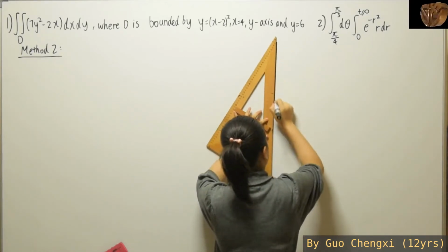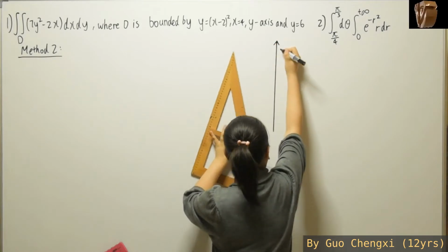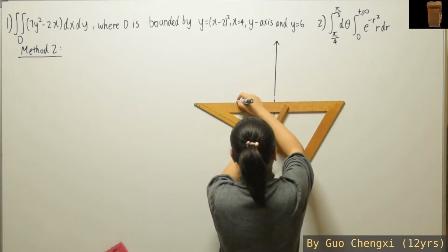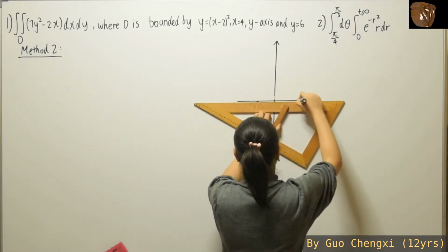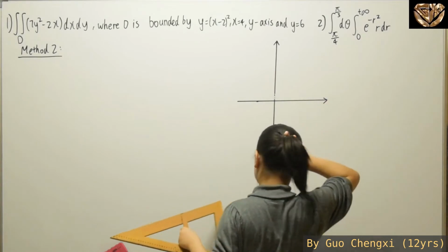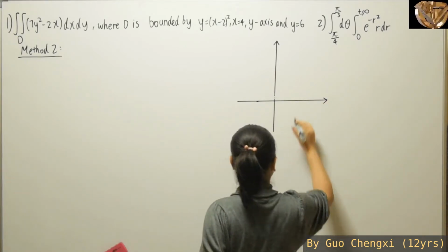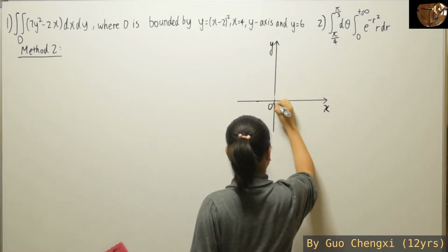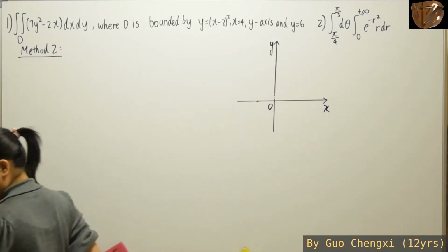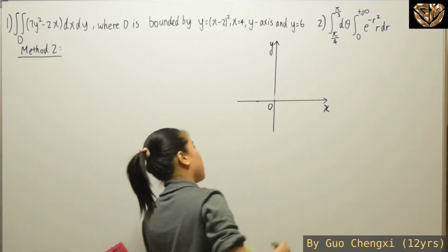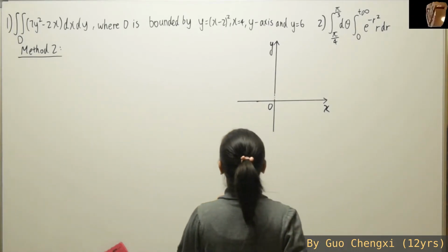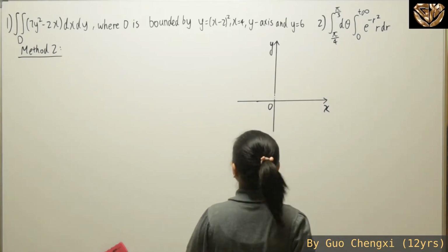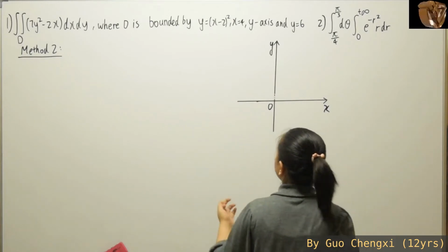First we have y equals (x minus 2) squared, which means that if x is 3, then y will be 1.